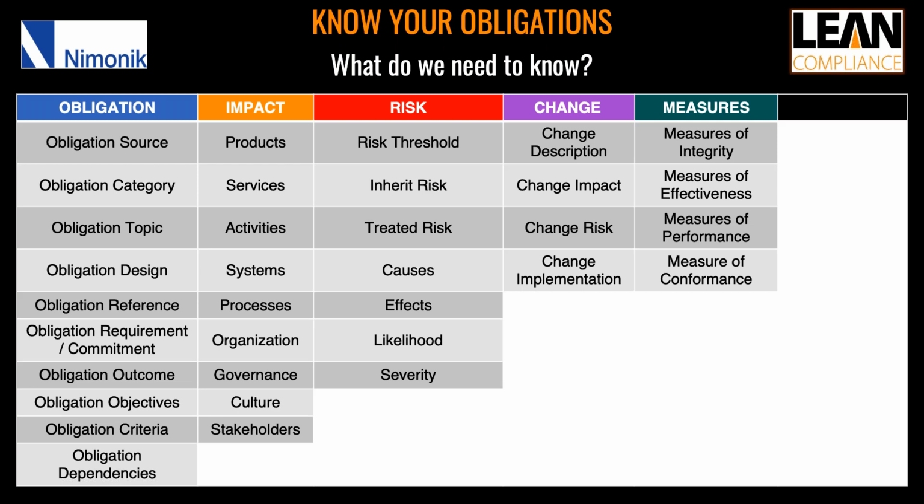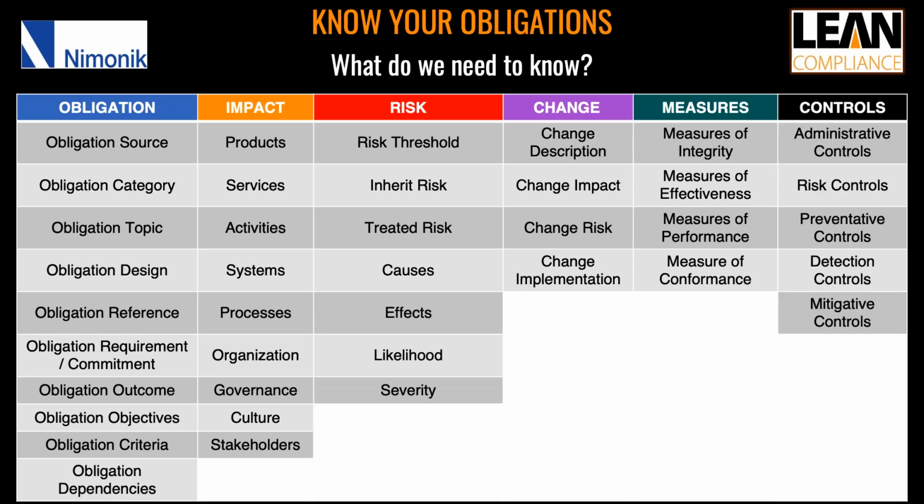Are we actually being effective at meeting obligations? That's important too. And measures of integrity, in terms of our culture and the values and the way we're communicating and respecting people and the environment and so on. How well are we doing those? So these measures are important and they need to be specified as well.